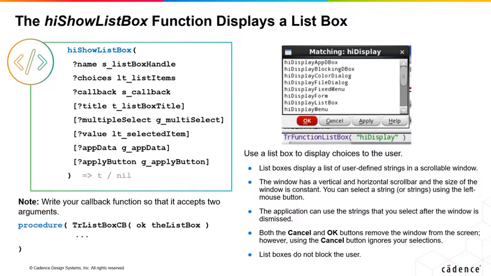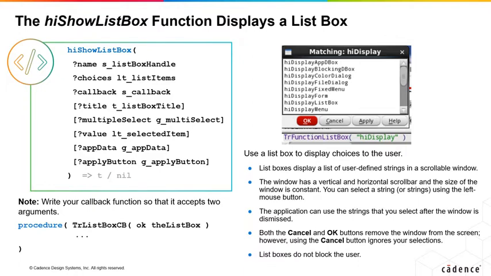It's popping this particular form up here, and then the user interacts with it by selecting one of the functions and then either hitting OK or Apply, and then the callback will display the arguments for that function. So rather than have the user manually type in a function name, we collect them from the environment and display them for the user and then allow them to interact with the list box.